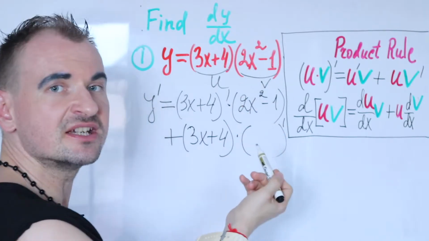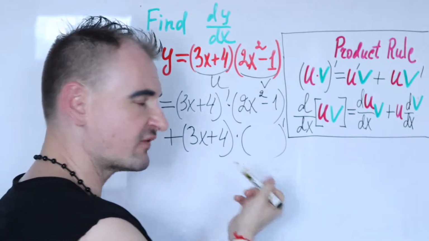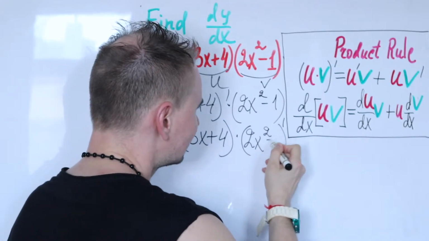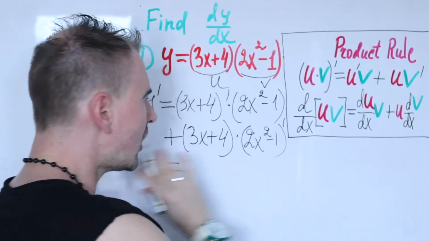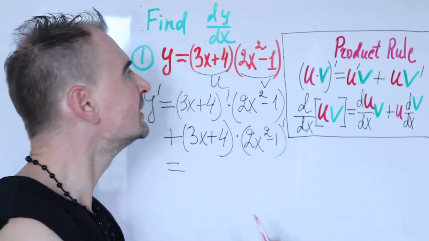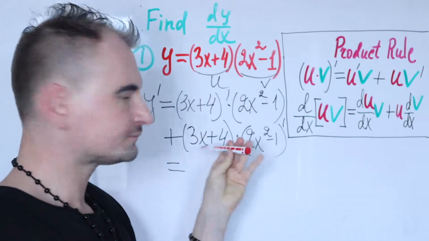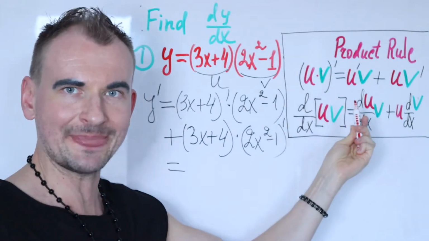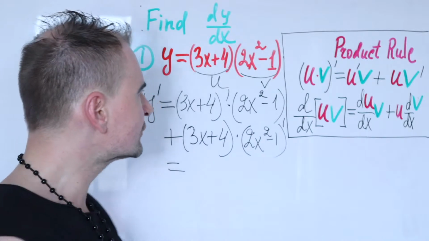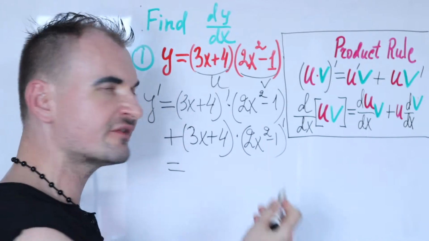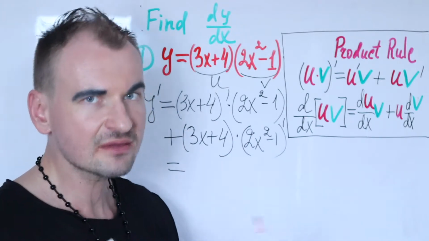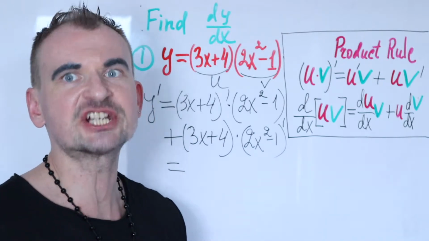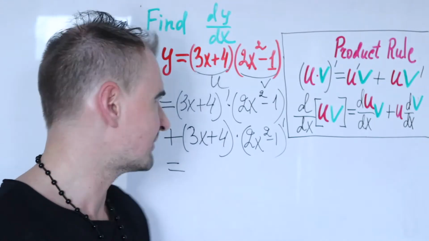The second function is 2x squared minus 1. Write it down. Alright, this is your setup. This is what we got from just applying the product rule at that point. Now all you need to do is take the derivative, multiply things out, combine like terms. In a nutshell, just use some algebra.